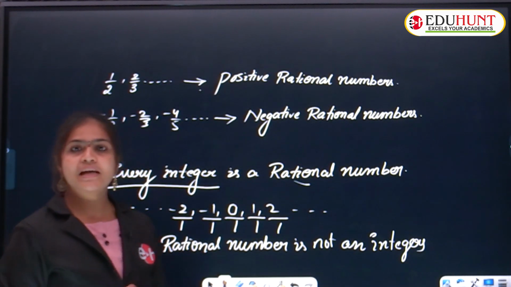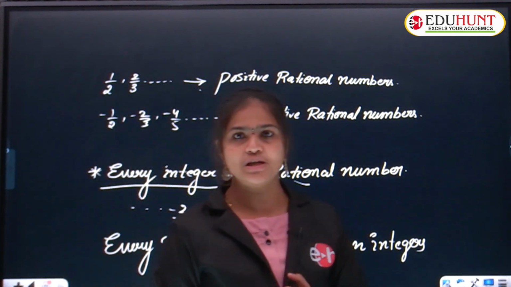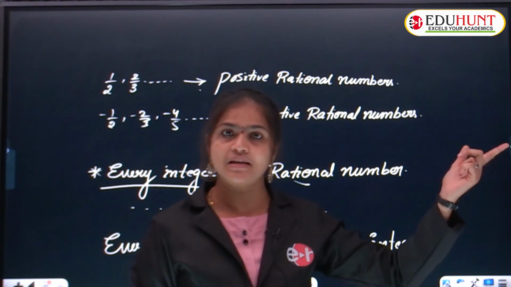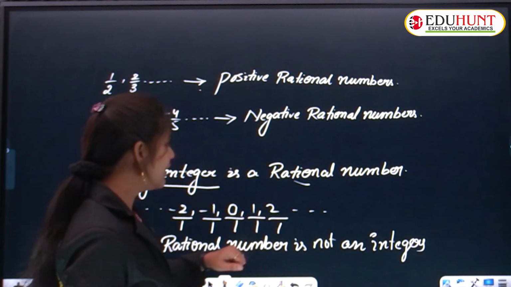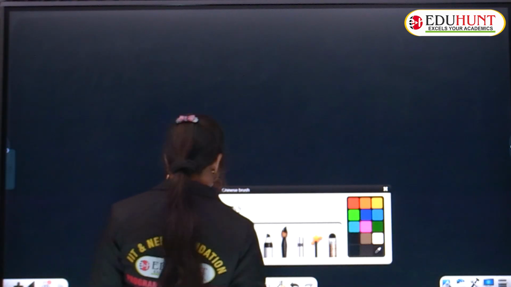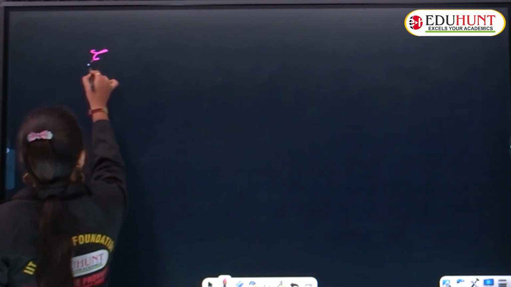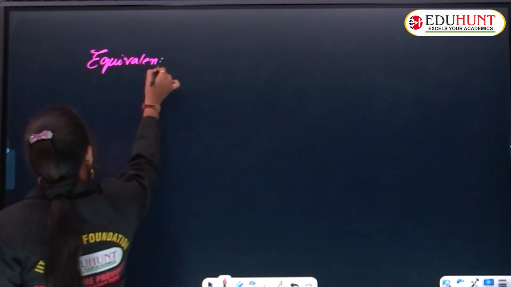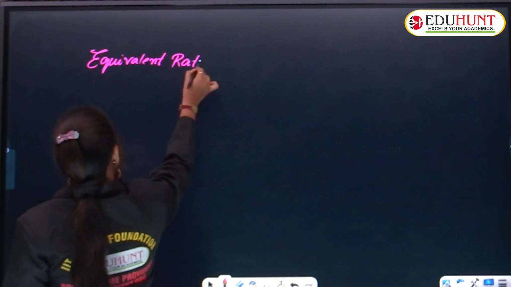After this, we have equivalent rational numbers. Children, already we learned equivalent fractions, no? So the same concept applies here. Equivalent rational numbers.